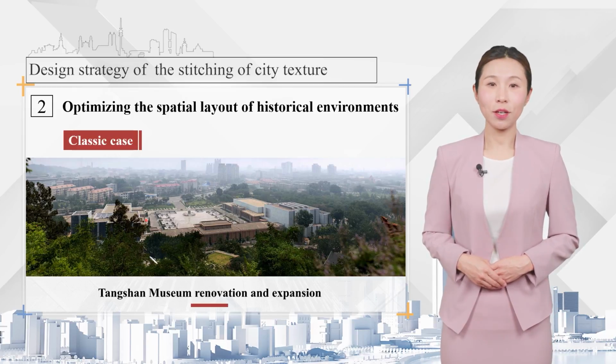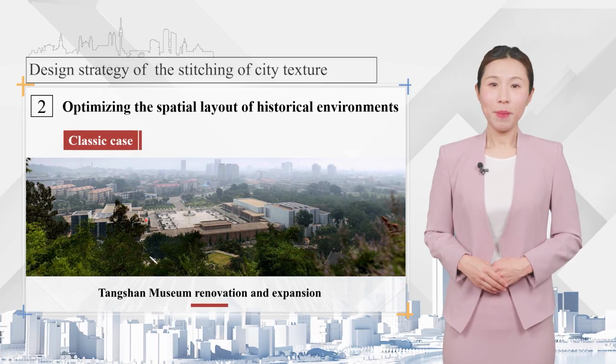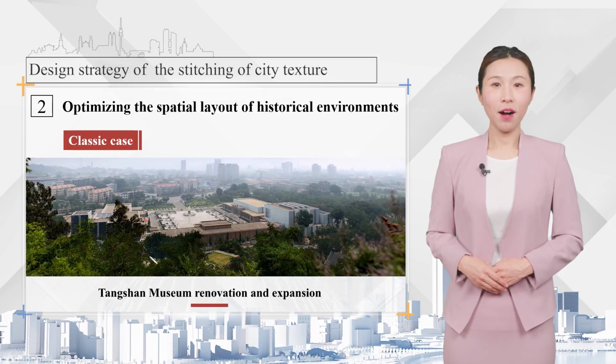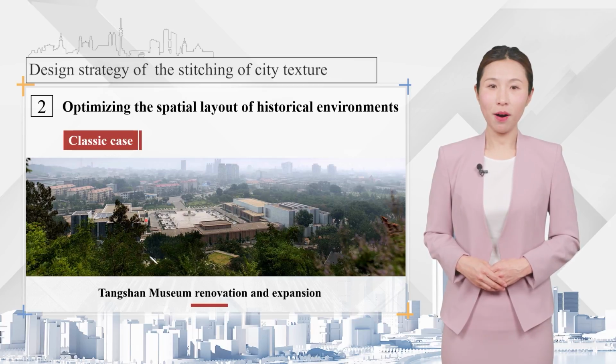The architect adopted a more subtle texture stitching strategy in the corner, which we can call a kind of blanking weaving. We are back on the square, standing on the square and looking at this perspective view of the top of the building in the distance. The newly built part is placed inside the corner.